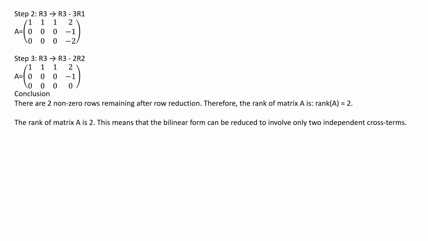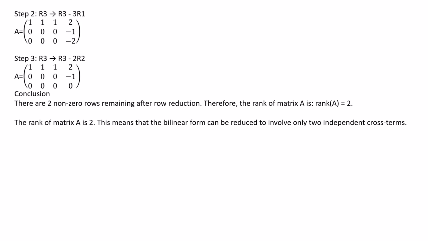The new row 3 will be given as row 3 minus 2 multiplied by row 2. When you do that, you see that we have reduced the matrix to 1, 1, 1, 2, 0, 0, 0, minus 1. Then the last row is all equal to 0.